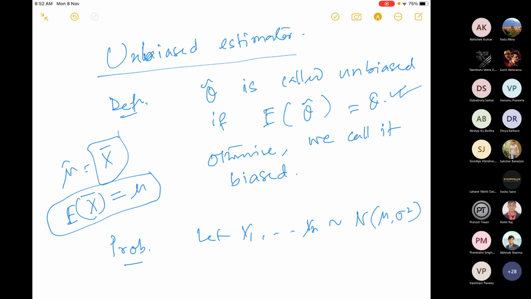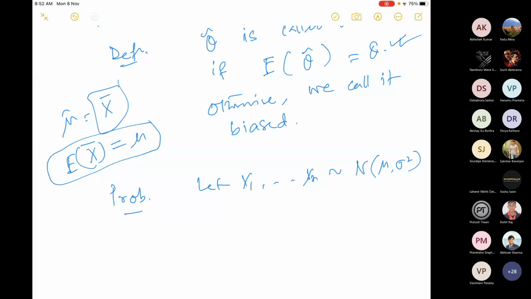Okay, think about it. This is all a normal random sample, and then we know that mu hat is equal to x bar. My question is: is this biased or unbiased? Is this an unbiased estimator?